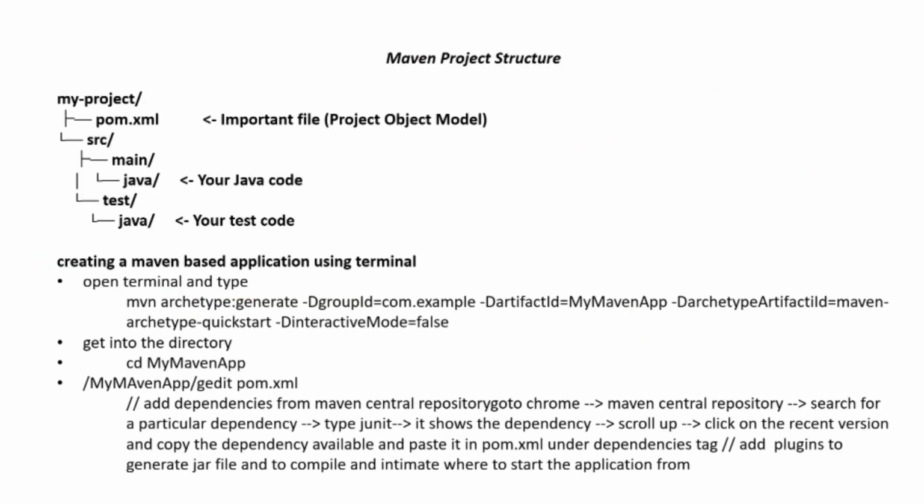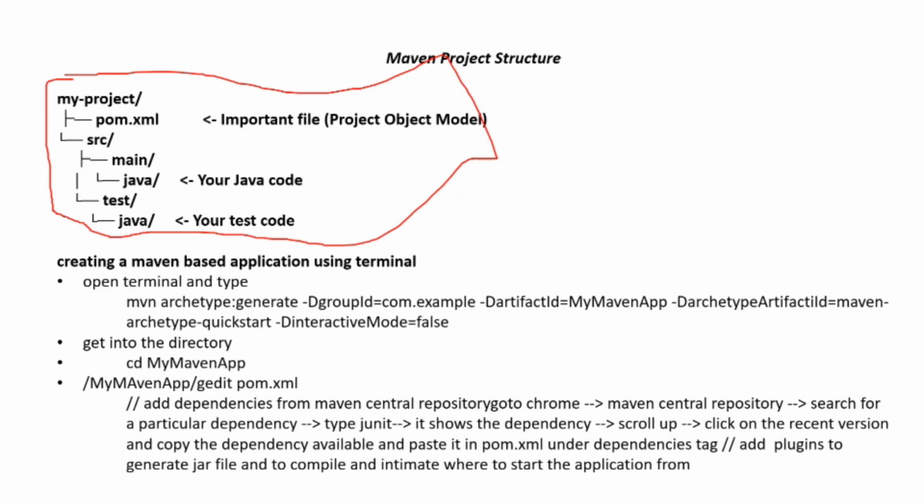That's the structure of a Maven project. When you run the mvn package artifact command, you will see the whole directory structure. Here src has main and test Java.